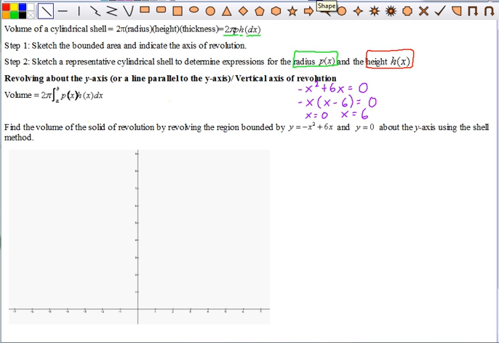So if we graph that one, okay, so there's y equals 0.